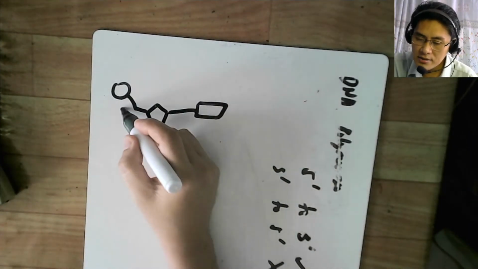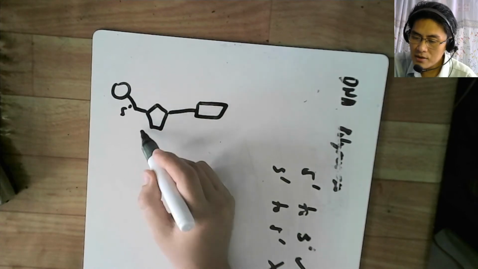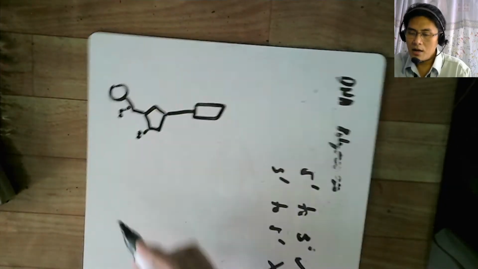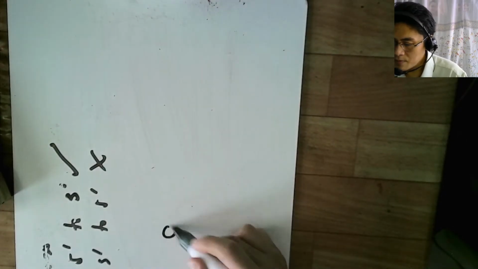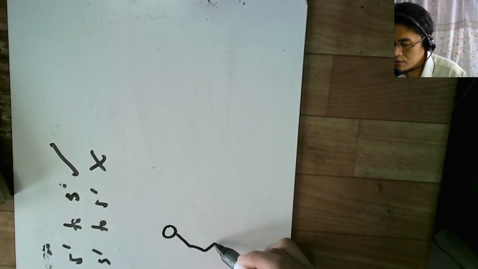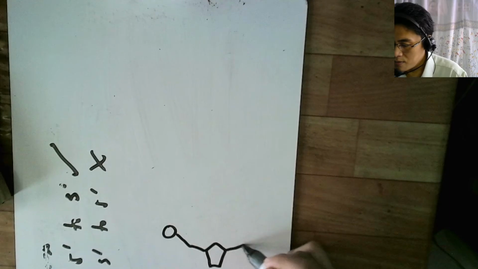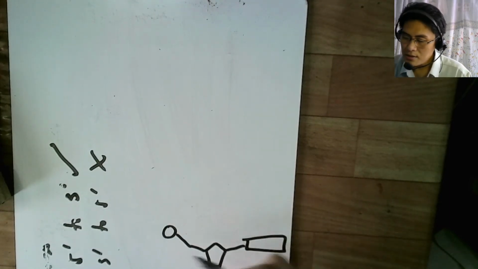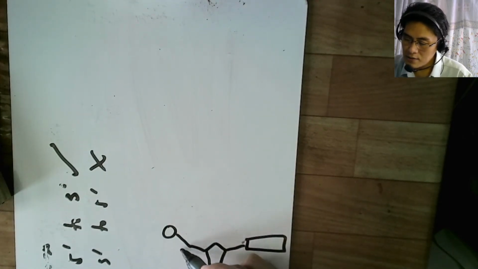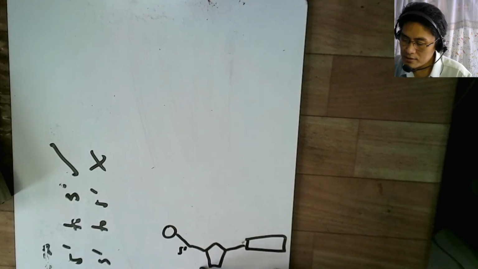And this is the 5 prime carbon, and this is the 3 prime carbon. If you do the opposite direction, which is like this: phosphate, sugar, and then nitrogenous base, and this is the 5 prime end, and this is the 3 prime end.